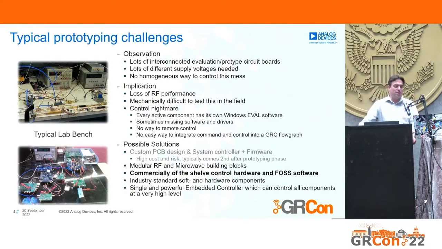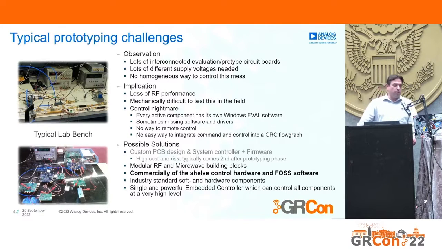Some typical challenges. On the left, you see some pictures of how a typical lab bench may look. You see lots of interconnected evaluation and prototype boards, lots of different power supplies, and typically no homogeneous way to control this mess. This has some implications, sometimes loss of RF performance, but more difficult is that this is very difficult to test in the field or bring to a customer.